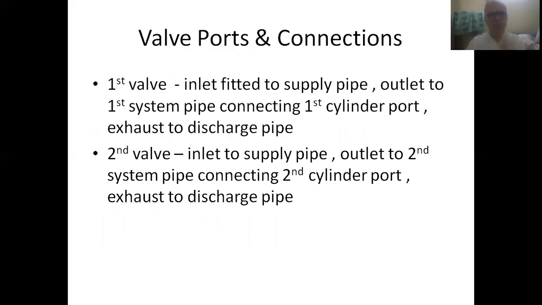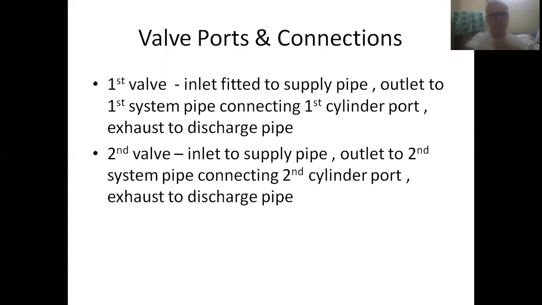And also we have talked about valve ports and connections. Inlet is fitted to the supply pipeline, and outlet is fitted to the cylinder port. So the first valve inlet is connected to the supply pipeline, outlet to the first cylinder port, and the exhaust is connected to the discharge pipe.